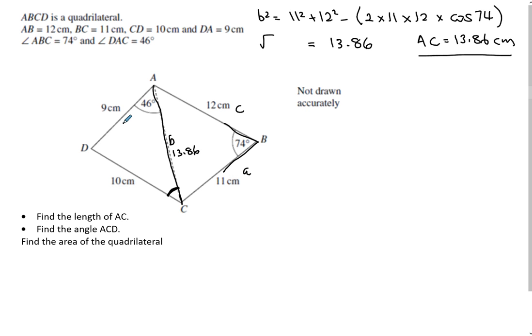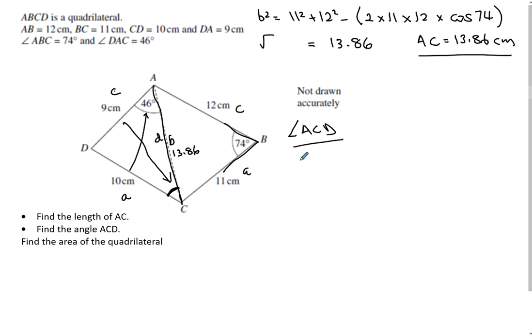If you need to label your triangle, you've got C, A, and D. So we can go that divided by sine that is that divided by sine that. As long as you've got your crisscross. Angle ACD is what we're trying to find.